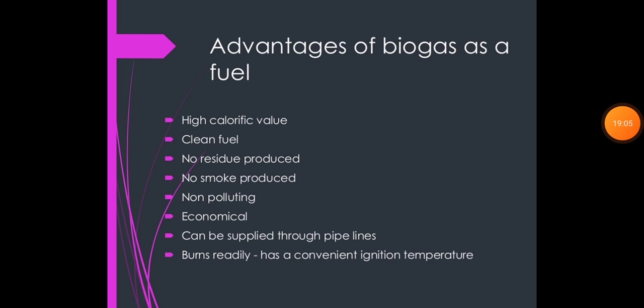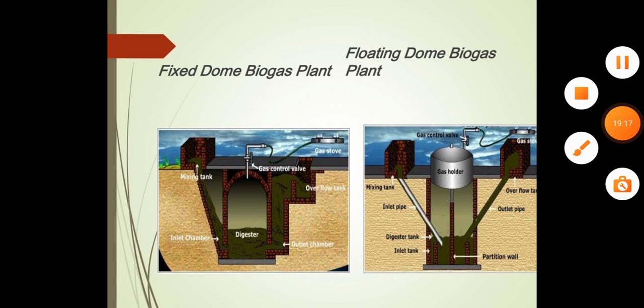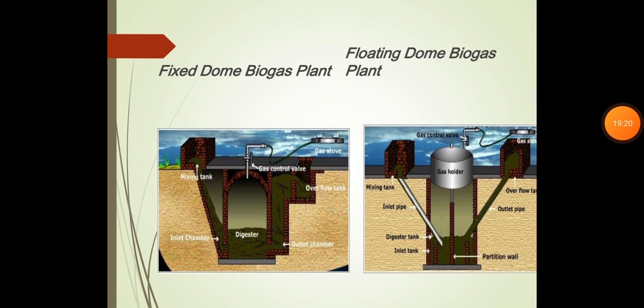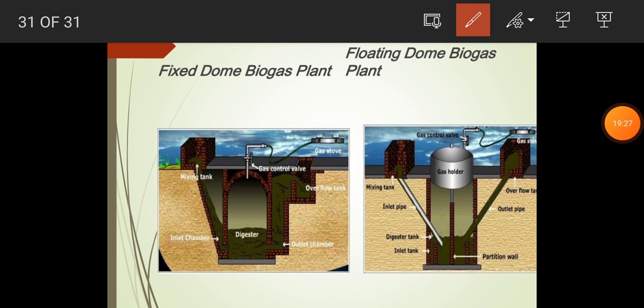Now let's compare both the biogas plants, that is the fixed dome type biogas plant and the floating dome type biogas plant. As we can see, in the fixed dome type and floating dome biogas plant, there is a similar mixing tank in both.